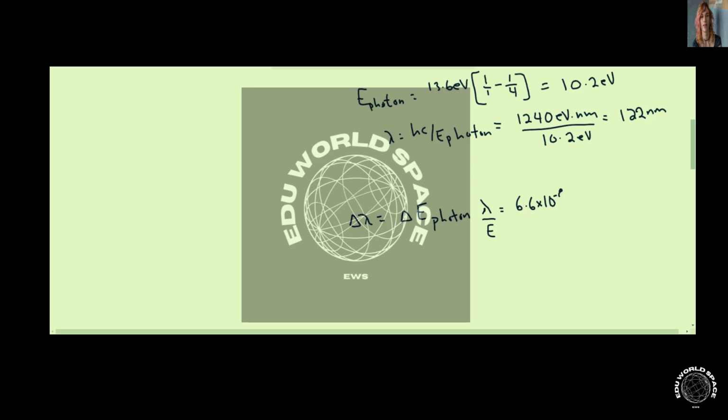So very small uncertainty in electron volts for the energy, 122 nanometers for the wavelength, and 10.2 electron volts for the energy of the photon. And this still comes out to be a very tiny number.